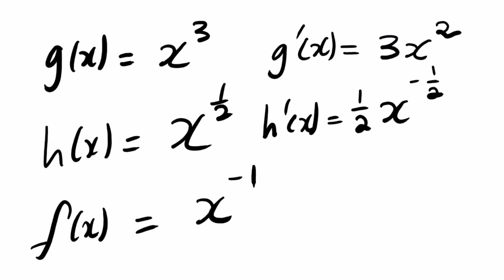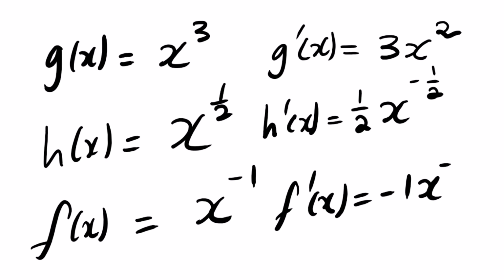The derivative of x to the power negative 1 is negative 1, x to the power negative 2. So this is how we apply rule number 1 of the rules of differentiation, which is our general rule. We also call it the power rule.